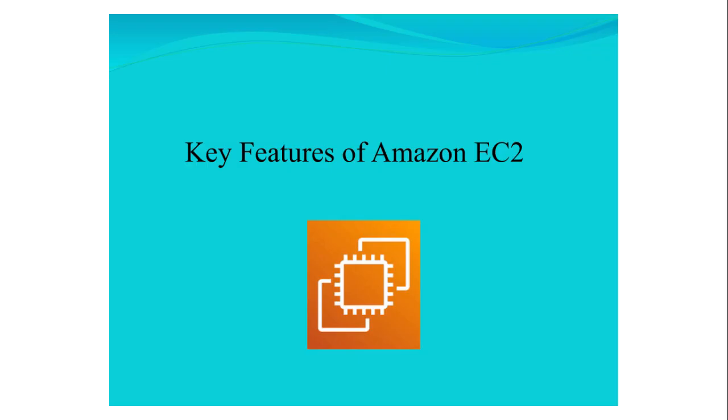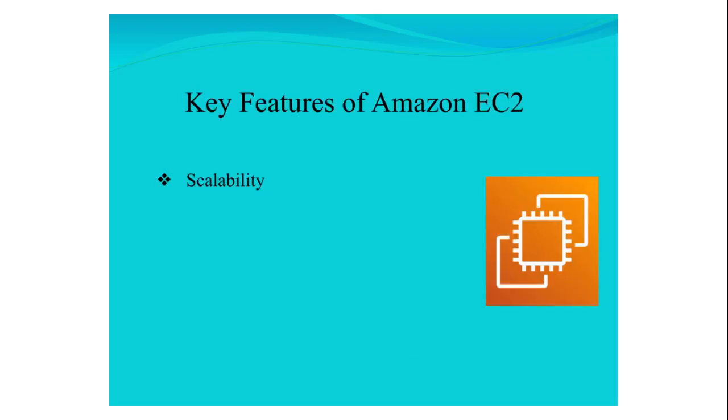Key features of Amazon EC2. EC2's rich feature set makes it flexible for many different use cases. Scalability: you can start with a small instance and scale up to a larger one if you need more power, or downsize if you don't need as much. Choice of operating systems: you can run Windows, Linux, or other operating systems, depending on your needs.